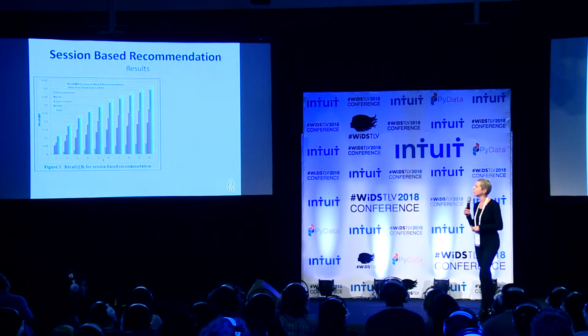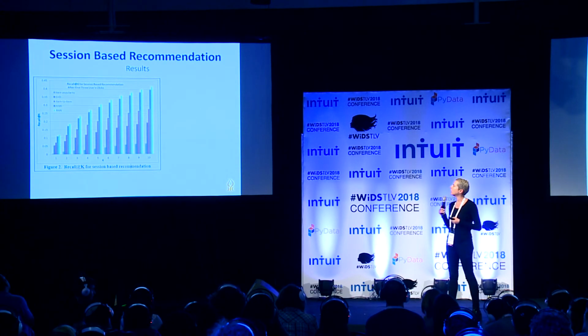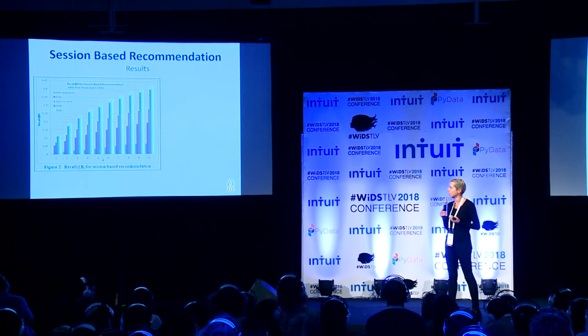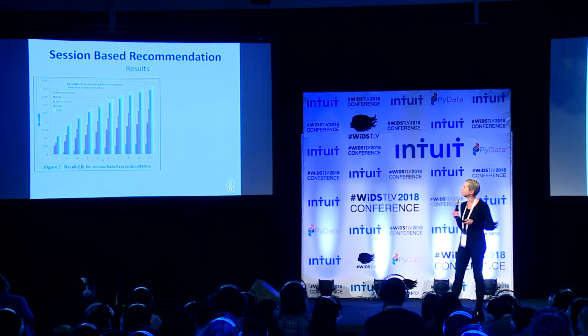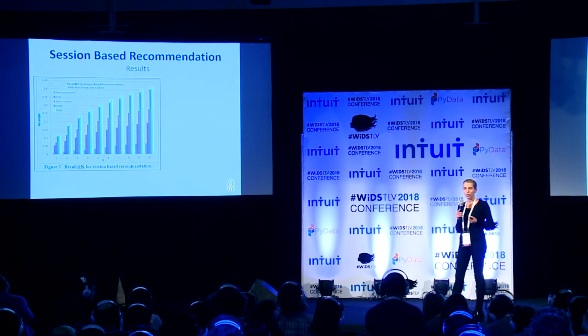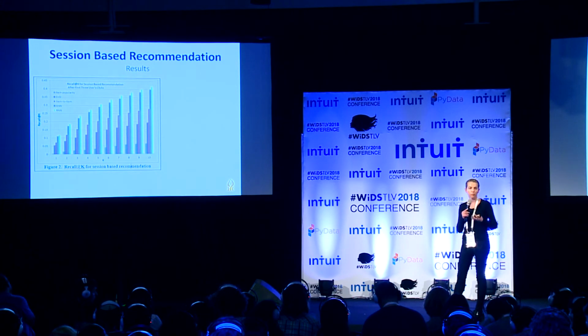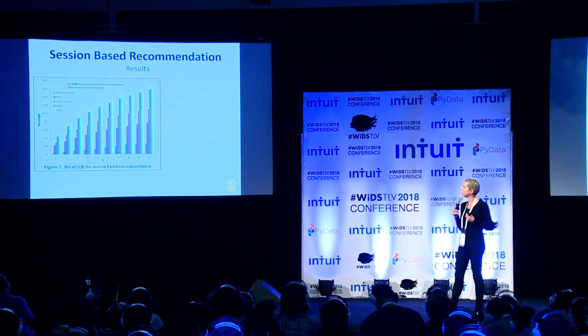And what you see here is a bunch of methods that are used for this task. So we see the item to item, which was the best algorithm before deep learning. Item popularity, which is of course a very naive solution, and SVD, which is a very good solution, but you need a user history for that.